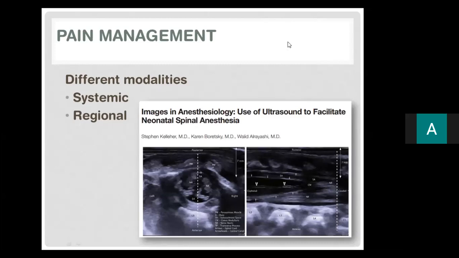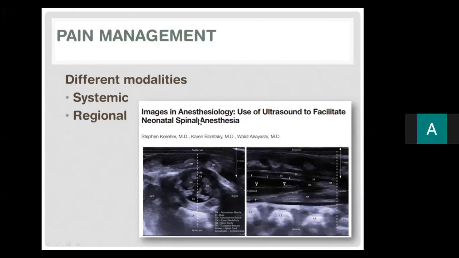This image is just to highlight that regional anesthesia is also used in this age group, and because of the risk for some of them, ultrasound may be used to help give a spinal anesthetic so that you don't damage their spinal cord. So regional anesthetics are also given.